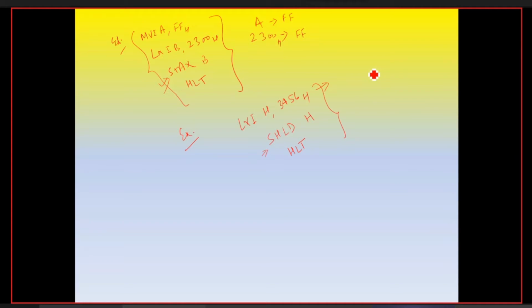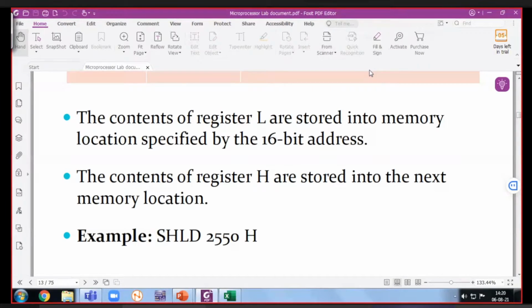तो एक बार फिर से पढ़ो. The content of register L are stored into memory location specified by the 16-bit address. एड्रेस क्या हमने मेंशन किया? 3456. ओके. कंटेंट ऑफ रजिस्टर L इज व्हाट? एक मिनट रुक जाओ.